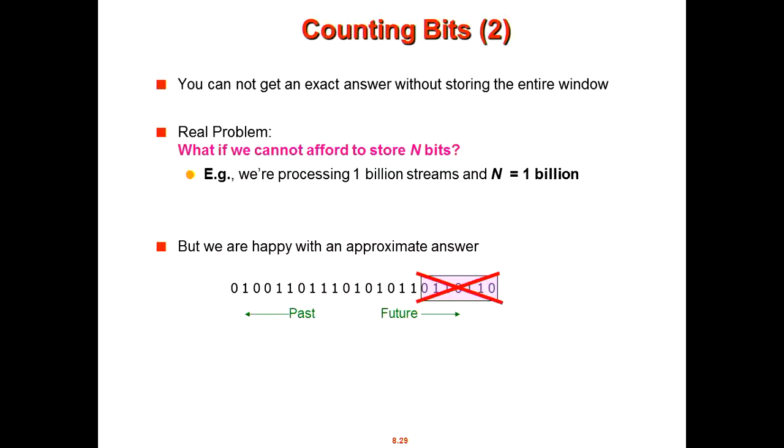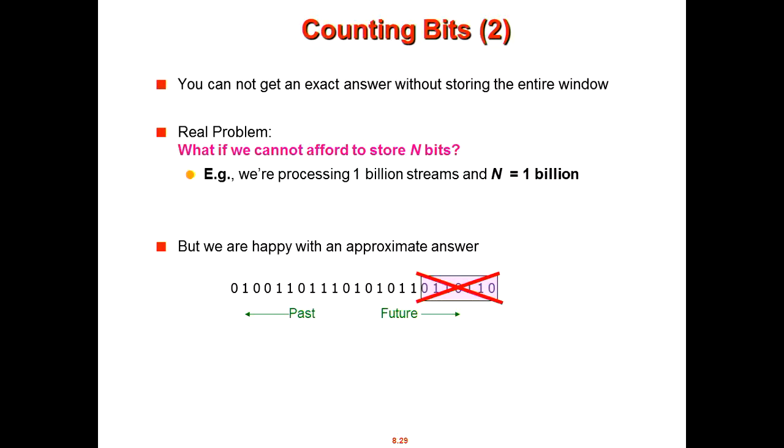So as a result, you need to store some kind of summary of the most recent bits. But because it is just a summary, it's not exact data, so you are not able to get an exact answer without storing the elements within the entire window.